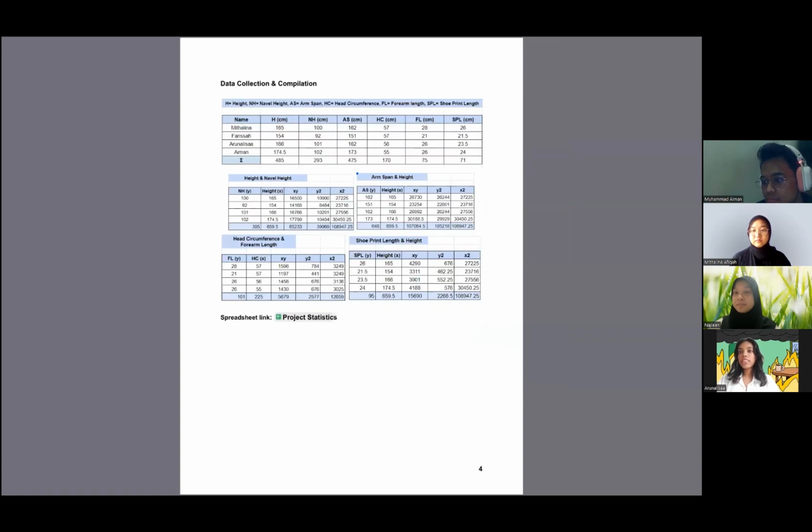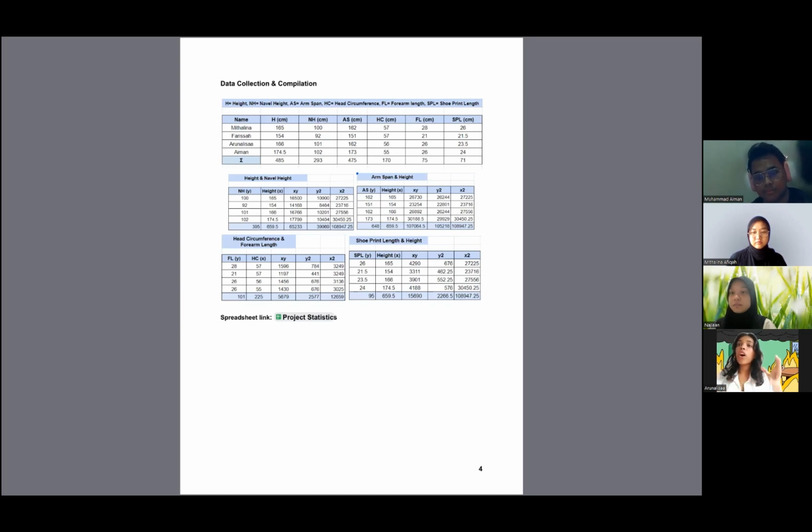First, we'll be looking at data collection and compilation. For this part, first of all, we had to measure criteria for each of the group members. One was the height of each member, and then navel height, arm span, hip circumference, forearm length, and also shoe print length.